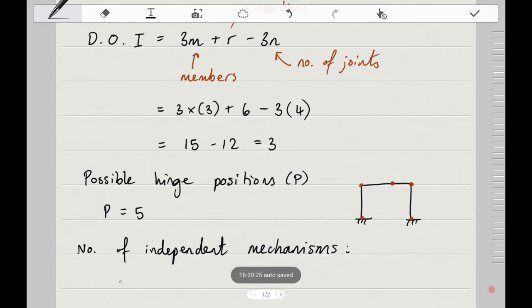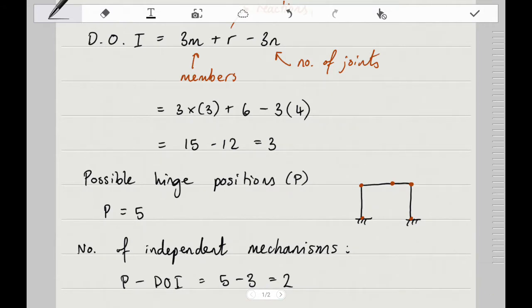And the way you calculate that is P, the possible hinge positions, minus your DOI. So that's 5 minus 3, that equals 2. So you end up with 2. And we'll go further into these different mechanisms.